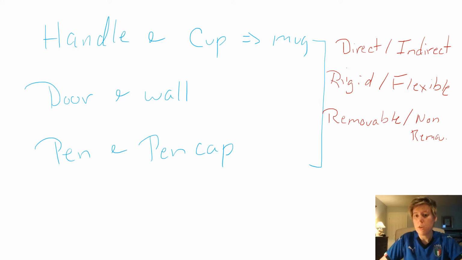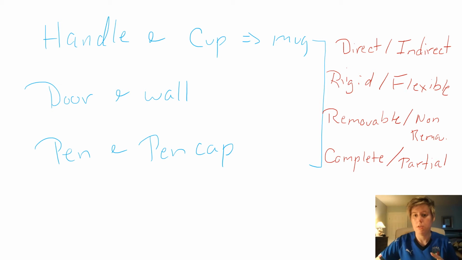And then we're going to be looking at whether the link is complete. Are the two components stuck together, with no independent motion between the two? Or is it partial, meaning one component can move independent of the other component? This is what we're going to be focusing on while we look at our different objects.